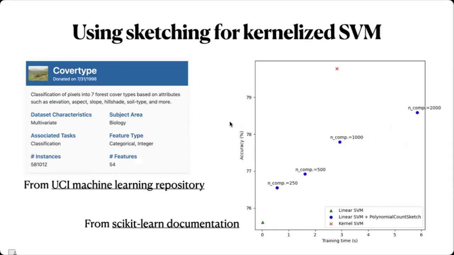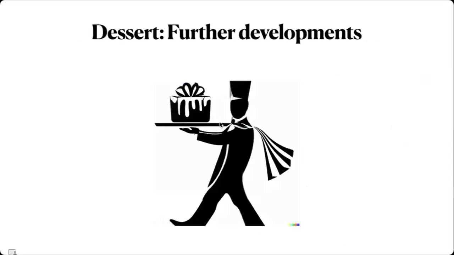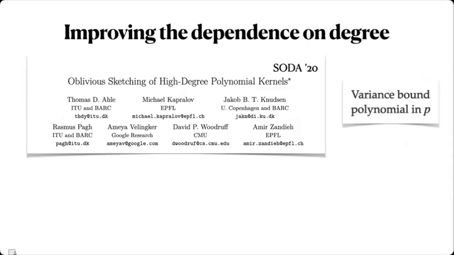Right. Okay. So I think I'm almost done. I wanted to mention this a bit quicker than I thought, but let me just end by mentioning a few further developments. One disadvantage of what I've talked about so far is that there's a bad dependence on the degree of the polynomial, in the sense that if you use this for a high degree polynomial kernel, you get quite a high variance.